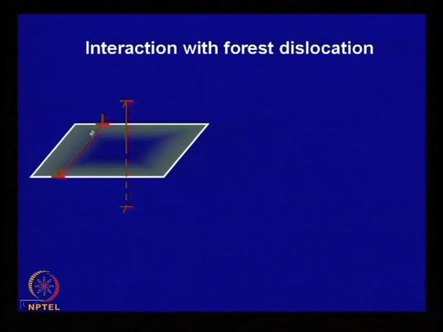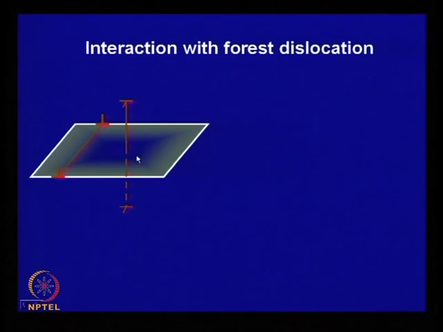So, when a dislocation moves in a crystal, it is bound to come near other dislocations which are intersecting the slip plane. So, what happens when you apply a stress field here? There will be a stress force on these dislocations. When it is moving on this plane, this will try to move on this plane.